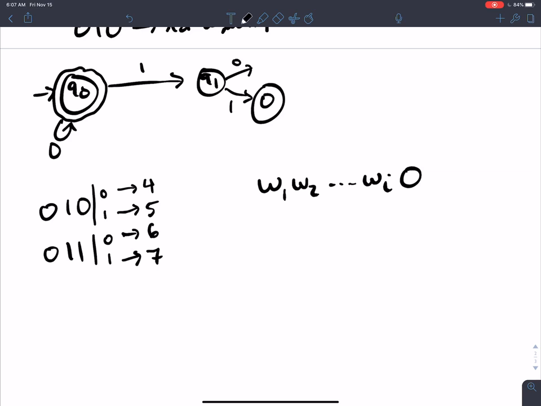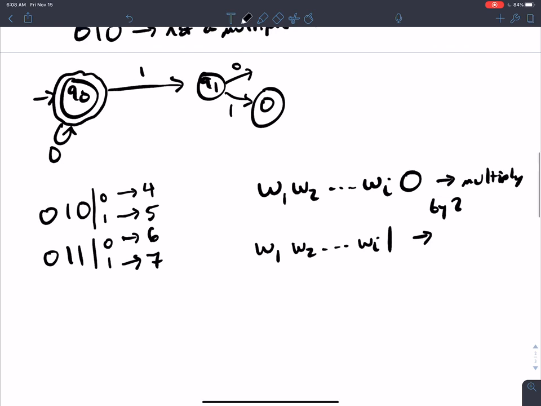But basically, we're multiplying the number itself by 2, because we're in base 2 here. And if we read a 1 after w1, w2 up to wi, it's the same thing, but we add 1 afterward. So multiply by 2 and add 1 to the result.